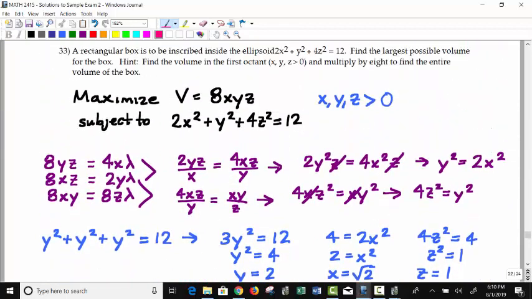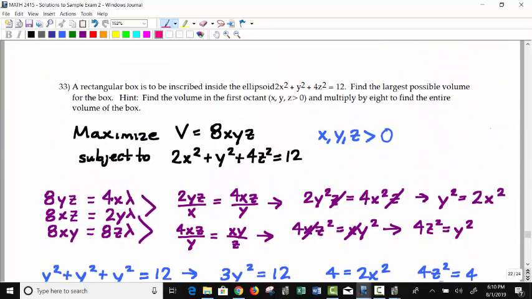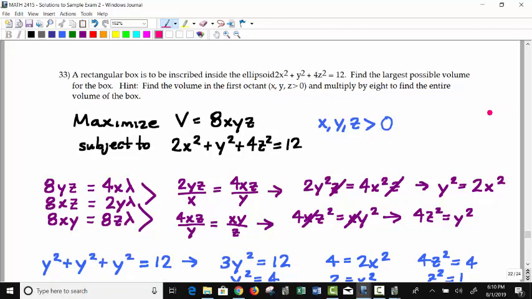Let's take a look. Now we're back to one constraint, no problem. A box and an ellipsoid. That one's in my notes, so you can go back and look at that. It'll be exactly like that. So what I did is, just like the notes, we worked with just the first octant, everything positive.